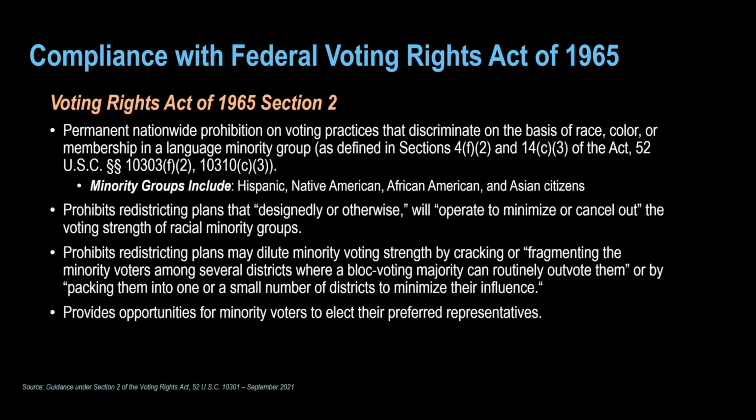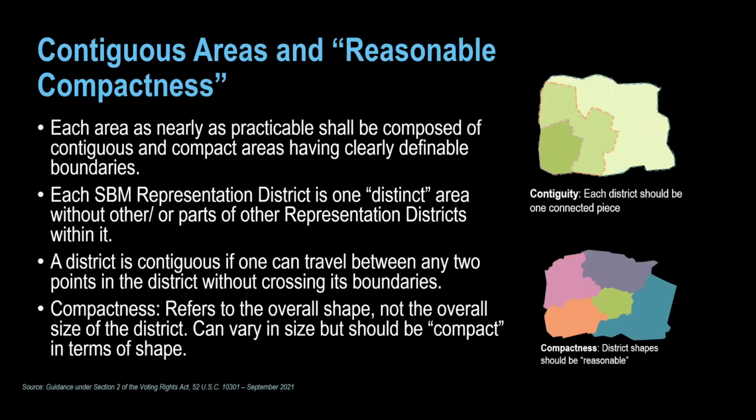It also prohibits redistricting plans that dilute the voting strength of minorities or crack or fragment the minority voting groups in any of the district areas. We also want to make sure that we provide opportunities for minority voters to elect their preferred representatives wherever possible.